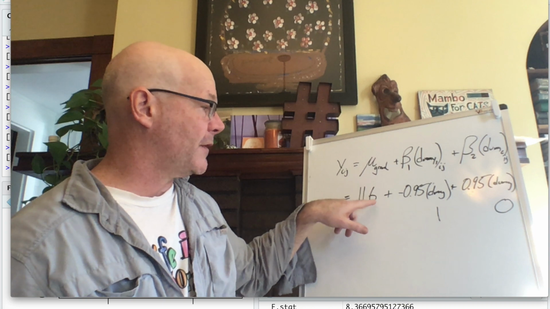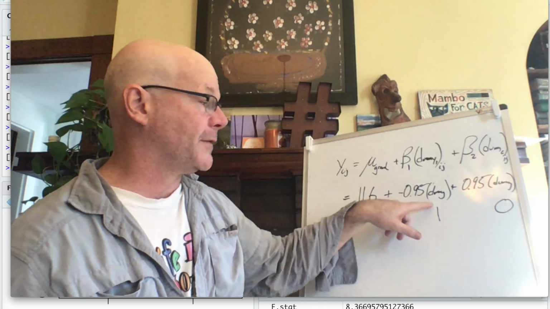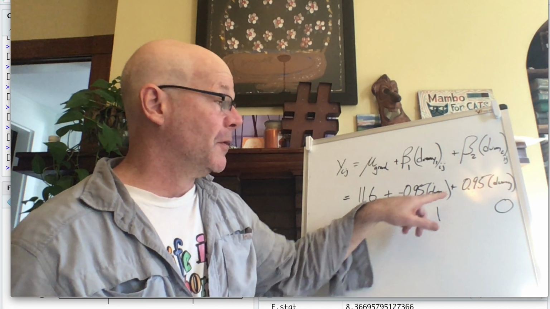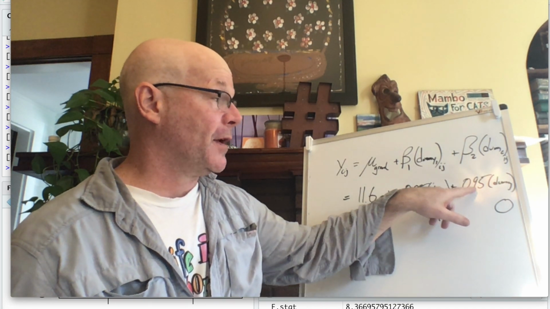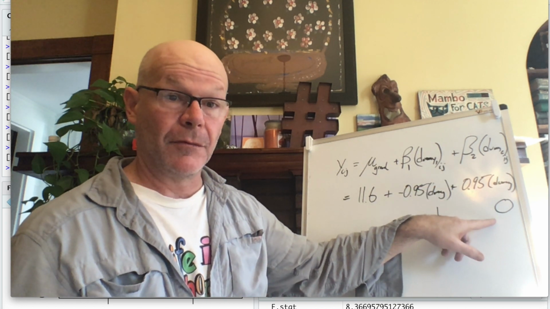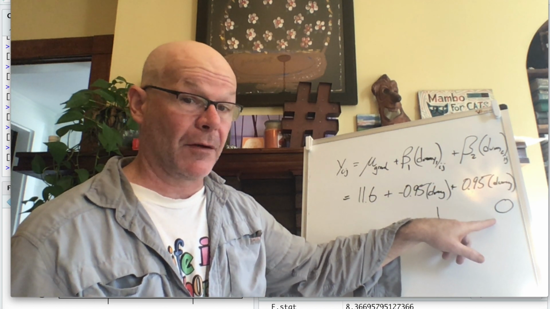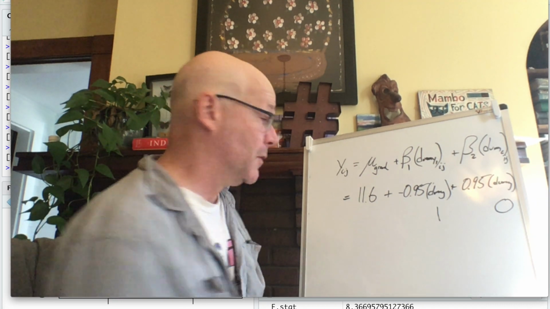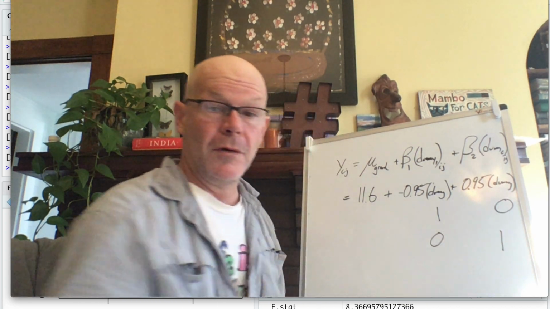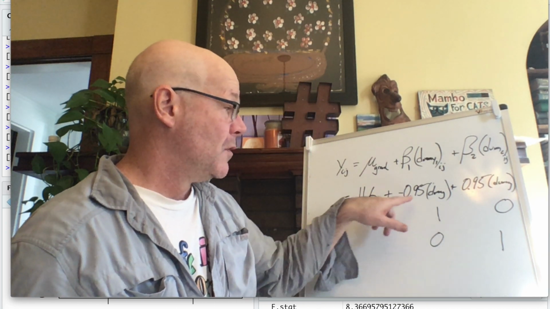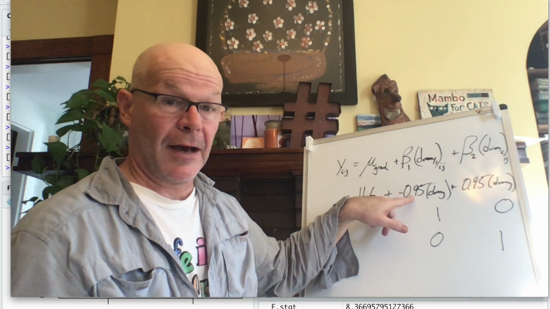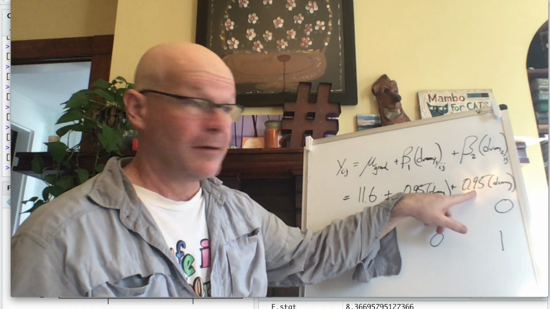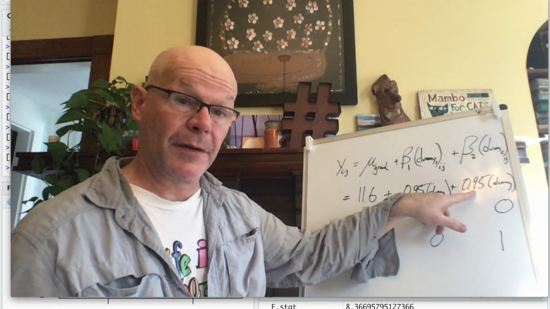So 11.6 plus negative 0.95 times 1 is the expected value for the control group. For the treatment group, you add 0.95 times 0, so it drops out of the model. Likewise, for the expected value for the treatment group, we multiply the control parameter by 0 so it drops out, and multiply the treatment parameter by 1 so it stays in the model.